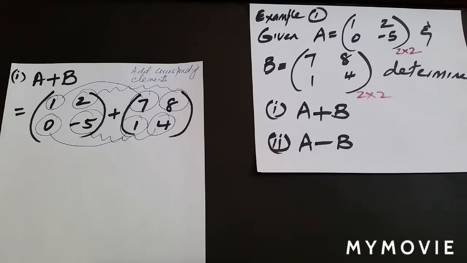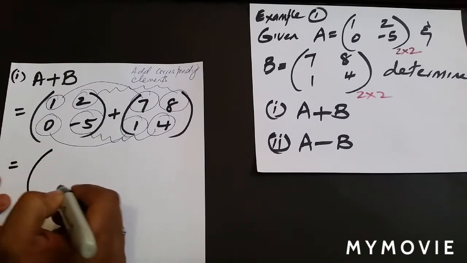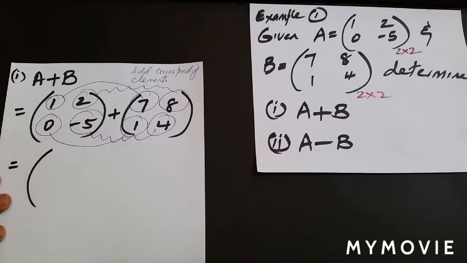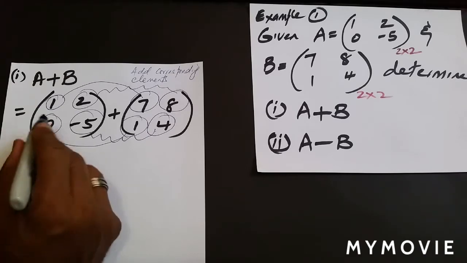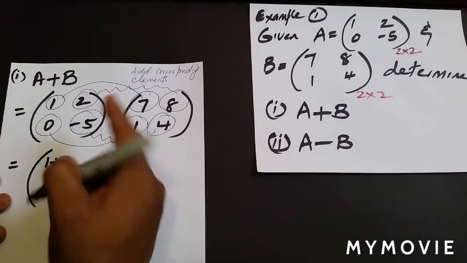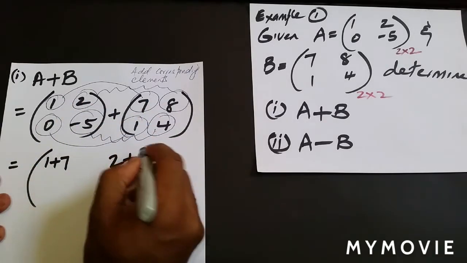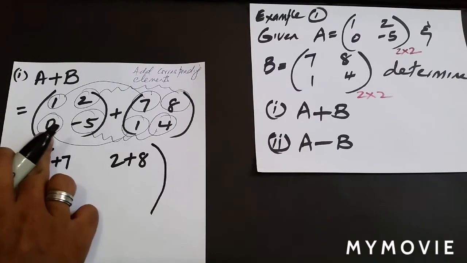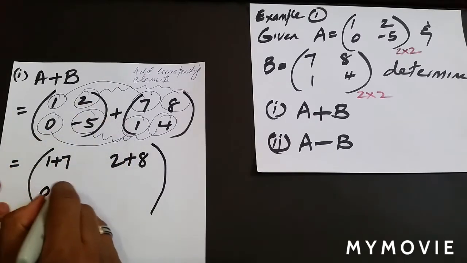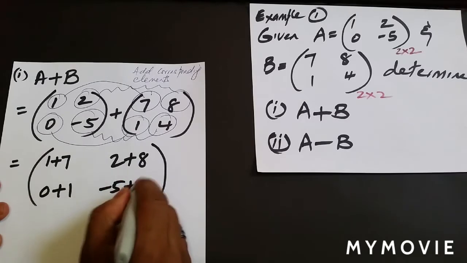So it's pretty straightforward. The steps are also very important. Maybe not so much with this example, but as we progress further, you're going to understand why I'm going to write this step. So it would be 1 plus 7, 2 plus 8, 0 plus 1, and negative 5 plus 4.